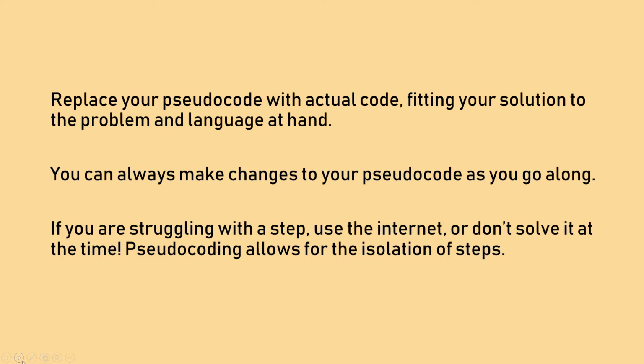And the great part about pseudocoding is if you really are struggling with something and can't find help for it, you can always just leave it out for later, because pseudocoding basically allows you to split up the steps. So if you have your little flowchart there, you can do everything except this one thing where you have to use an operator or a keyword that you don't know at the time, then you can just leave it in pseudocode form and change it later. And that's going to get on to the next step, which I'm going to cover in a second.